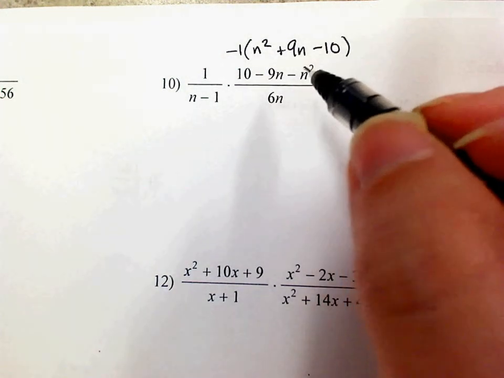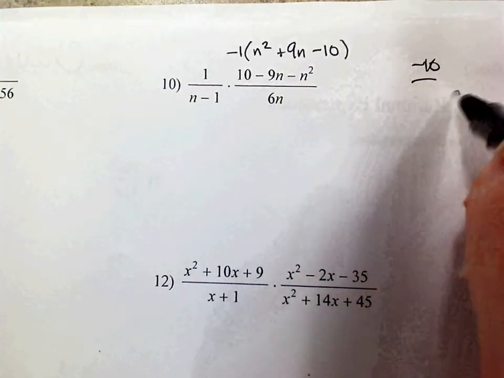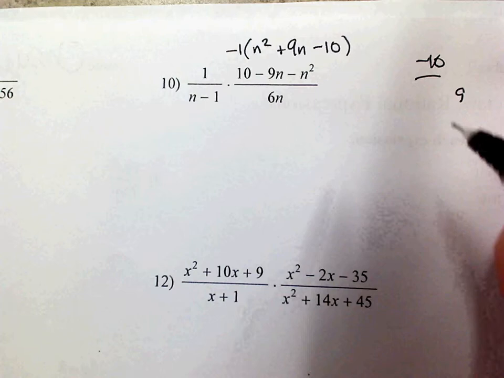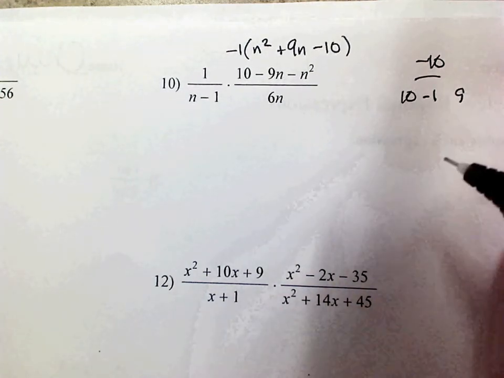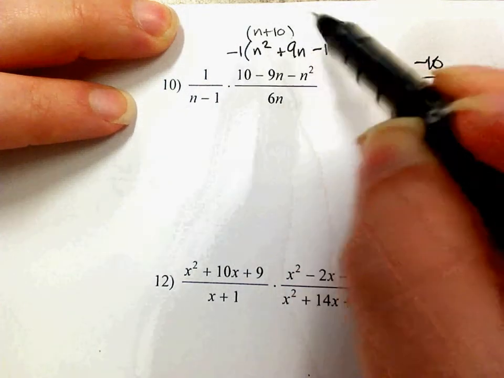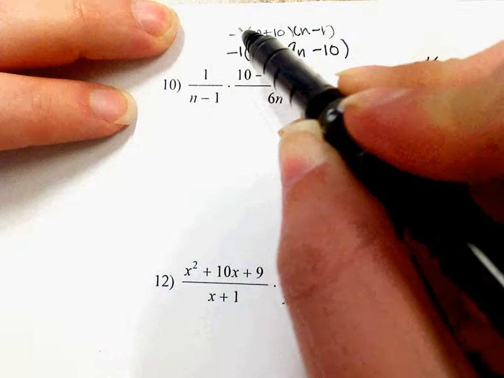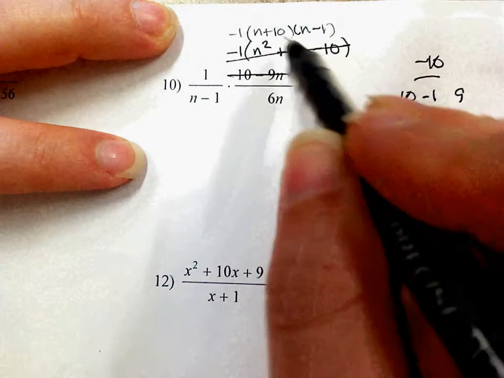isn't it? What are the factors of negative 10 that add up to positive 9? 10 and 1? 10 and a negative 1? Good. So I'm going to write n plus 10 and n minus 1 with a negative 1 in front, right? So I've rewritten this as this, but then I've rewritten that as this.